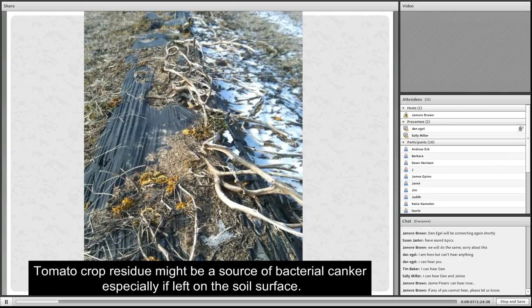The bacterium is much more likely to survive in the plant if it's not decayed, if it's on the surface like this. In contrast, if it is plowed under as soon as the tomato crop is done, it starts the decay process, and once the crop residue is decayed, the bacterium is much less likely to survive to the next season.